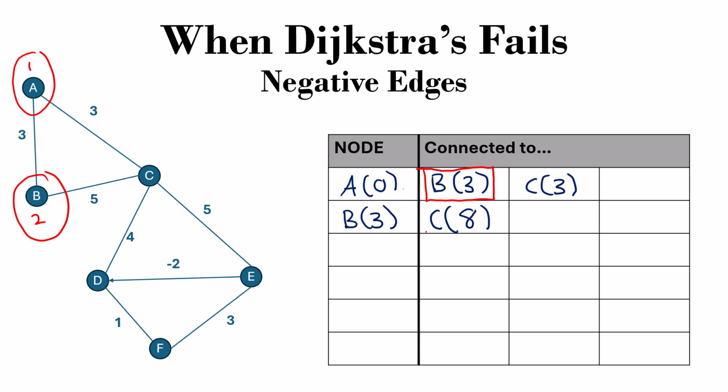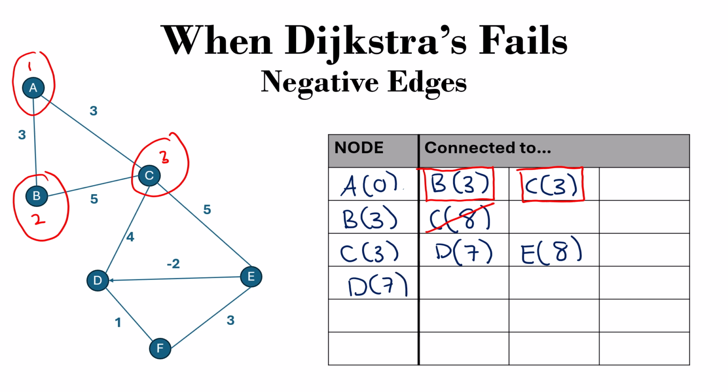But we already have cheaper, so we cross that out, and then we work with our C, so that becomes node 3. C is 3, C connects to D with an extra 4, and E with an extra 5. Our next smallest number then is D, which is 7. And then that locks in as node 4.